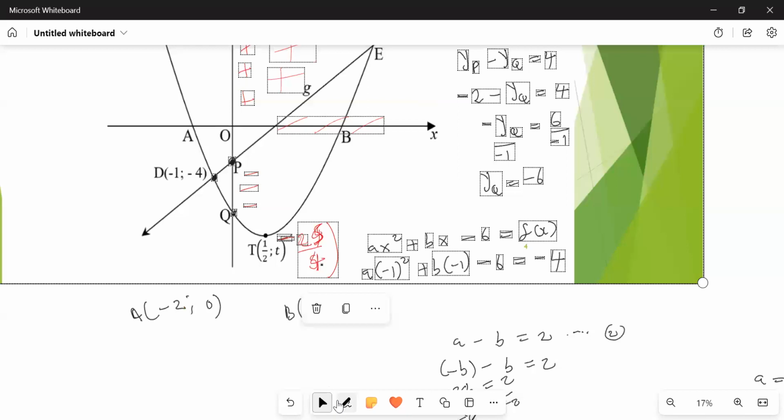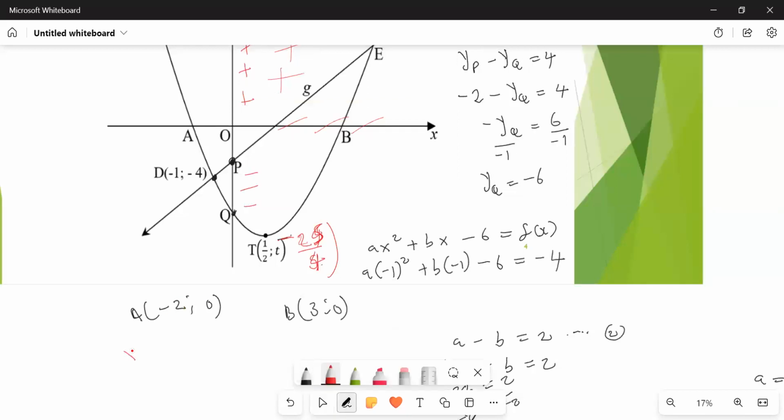They are greater. So the range is y is greater than or equal to minus 25 over 4, because the first thing that we touch is minus 25 over 4. Then the last thing that we touch is positive infinity.